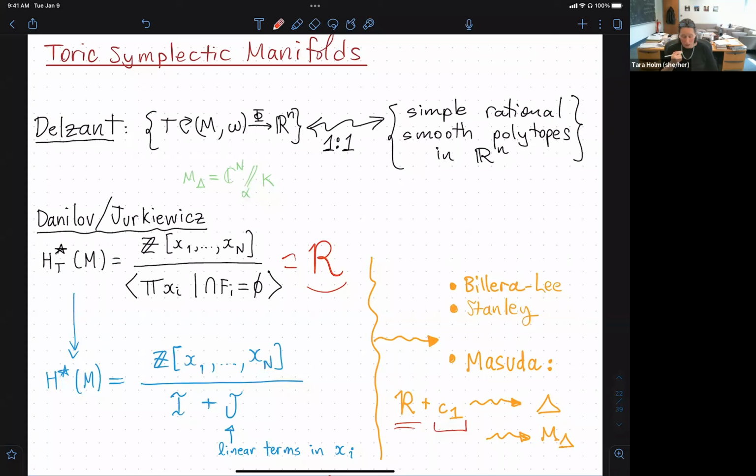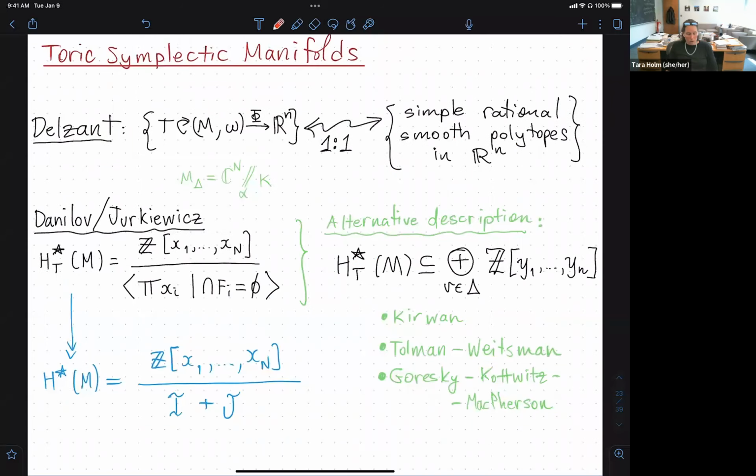So to some degree, for toric manifolds, the equivariant cohomology, together with a little additional information, lets you reproduce your manifold up to equivariant diffeomorphism. Sarah?